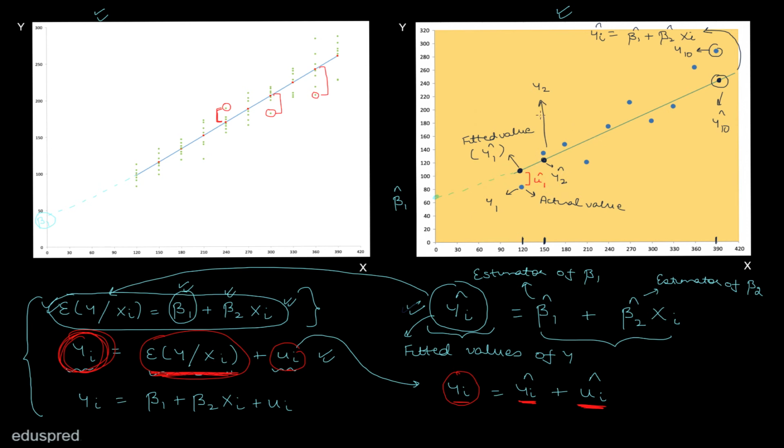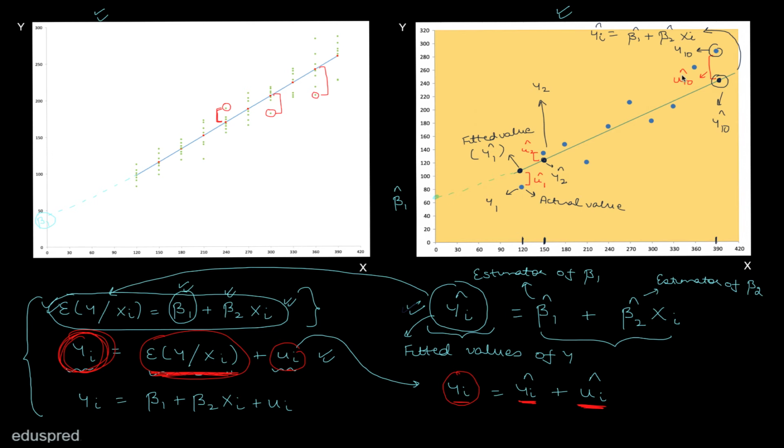Similarly, the difference between the second actual y value and the second fitted y value is the second sample error, which is u2 hat. And the difference between the 10th actual y value and the 10th fitted y value is u10 hat. Okay, so this is how you have to visualize the population error, which is ui, and the sample error, which is ui hat.